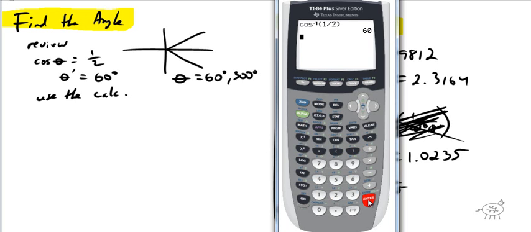Look at that. So what the calculator does is it finds the reference angle, which you otherwise find manually. Your calculator is not going to find you two answers. It doesn't know that you want two answers. It's only going to find a reference angle. Okay? So once you get that 60 degrees, then you're going to do a little bit of work, exactly what I did here.